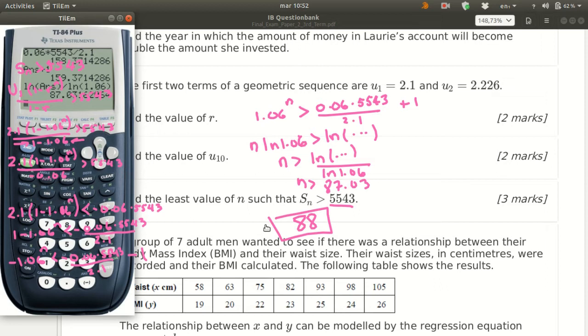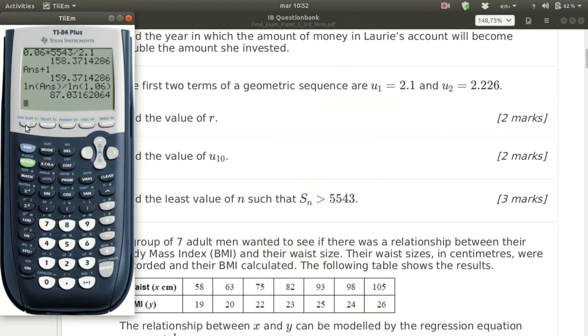All right. So another way to do it is to go into y equals, and we're going to write the formula for the sum. So 2.1 times (1 minus 1.06 to the power of x), because my functions here are in the variable x, over 1 minus 1.06.